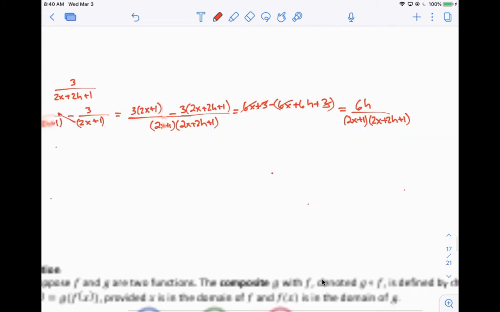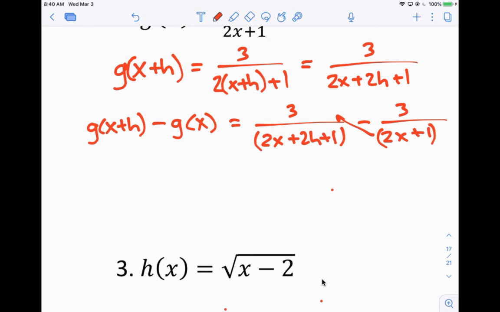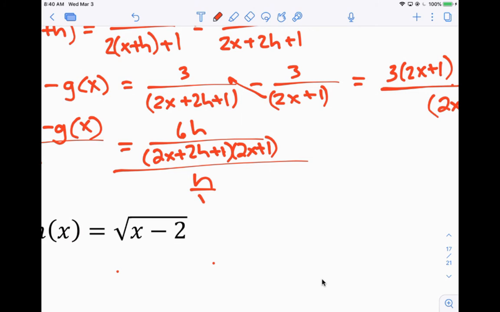Okay, last thing I had to do, divide it by h. So g of x plus h minus g of x over h. So take what I got, 6h over 2x plus 2h plus 1 and 2x plus 1. It's now over h over 1.